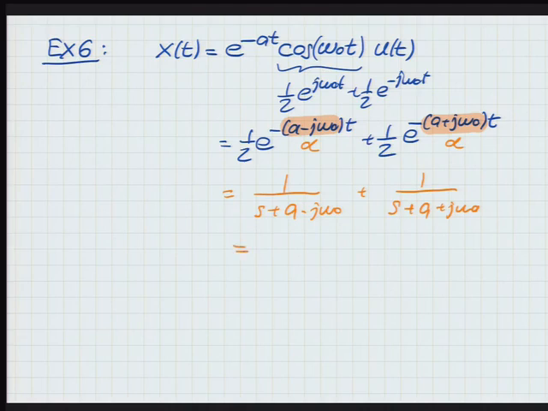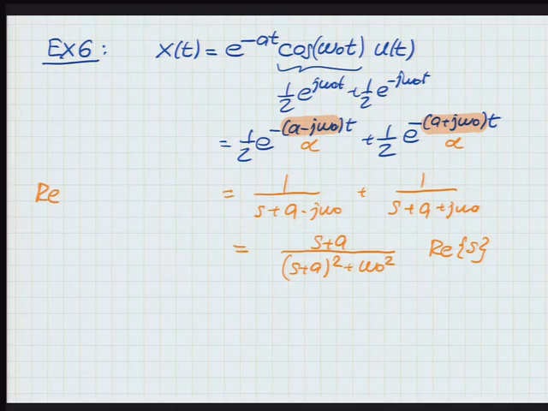But you can simplify it. And when you simplify it the way we did, I'm not going to repeat it, you're going to get s plus a in the numerator instead of s, and s plus a squared plus omega naught squared in the denominator. And the region of convergence now will become, I need your guesses. What is the real part of alpha in both cases? Real part of alpha is a.